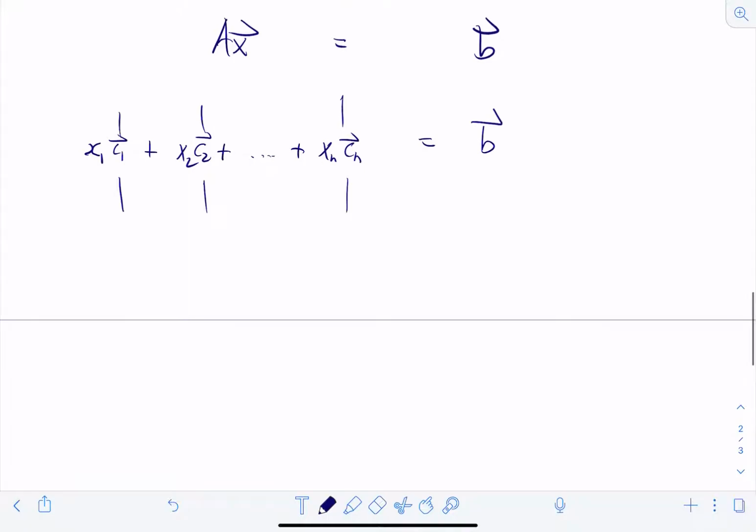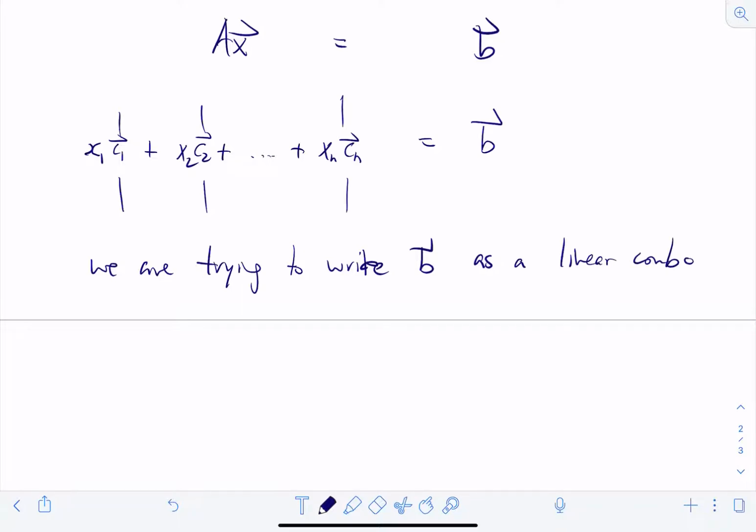So this has a solution, so we are trying to write b as a linear combination of column vectors of A.